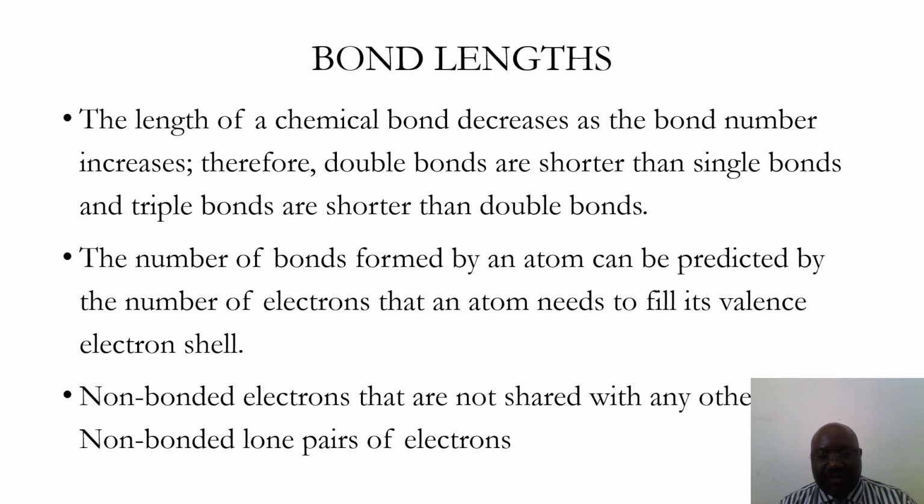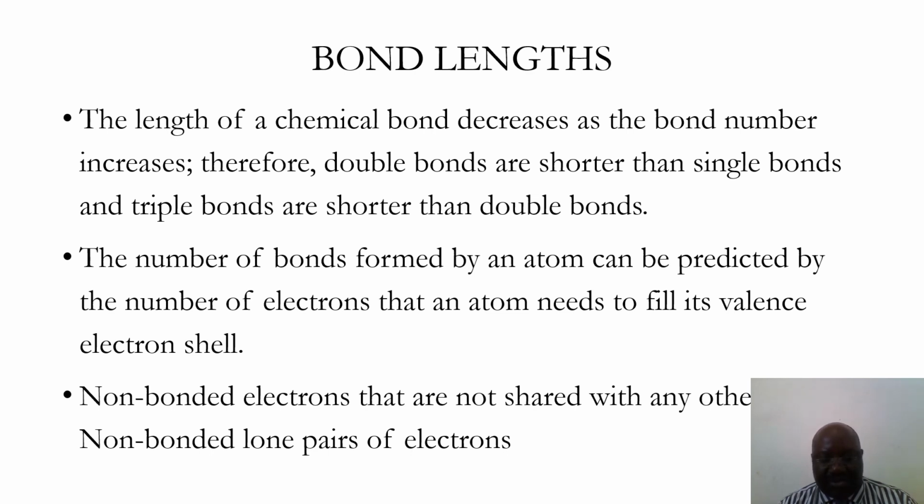If we take a bond to be a relationship, the way one atom relates to the other, then when it is by two bonds, they become shorter. The distance between them gets closer and closer, therefore the bond lengths become shorter. For triple bonds, they are very, very short.